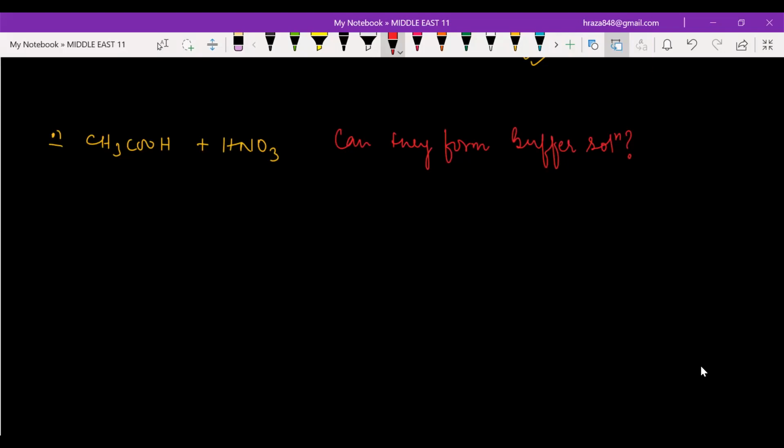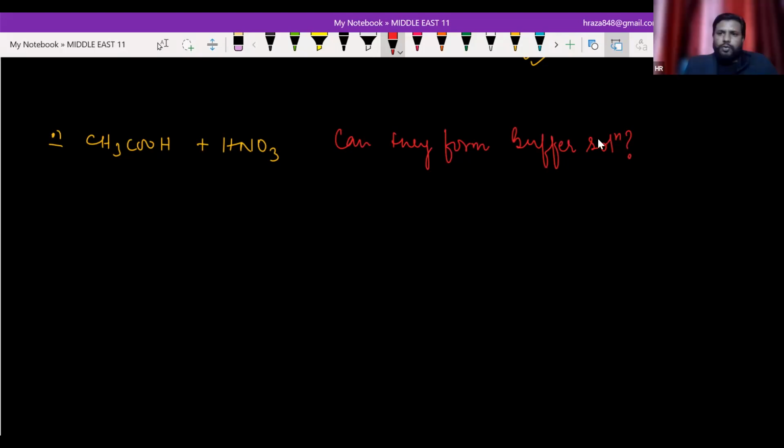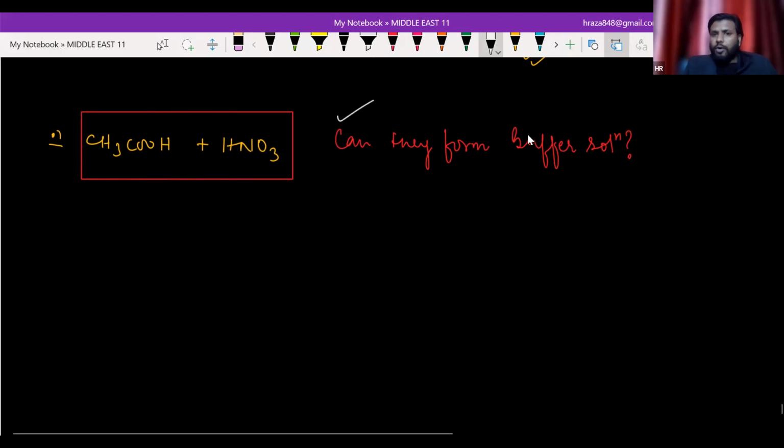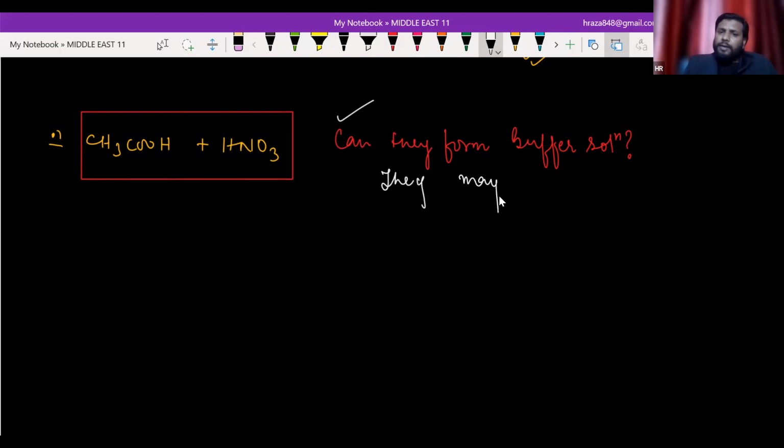Just look at it. If I am asking you whether this is a buffer solution, no. But if I am asking you whether they can form a buffer solution or not, then my answer is they may be a buffer solution.